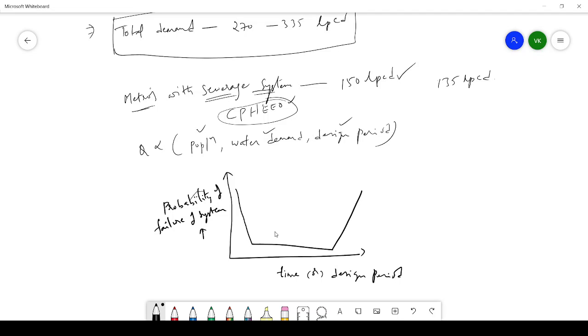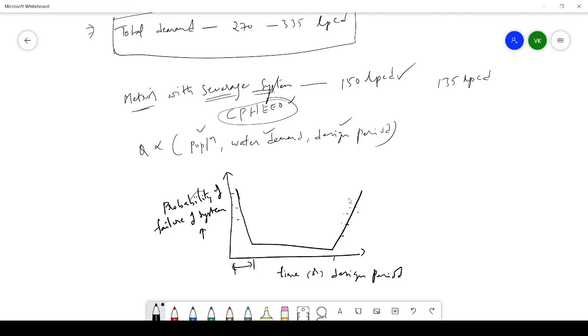If the design period of your system is very small, the probability of failure is very high. Similarly, if you take the design period as very high, then the probability of failure is also very high.